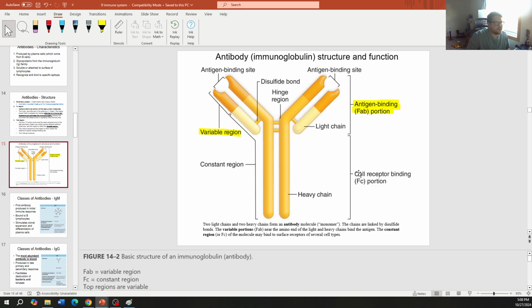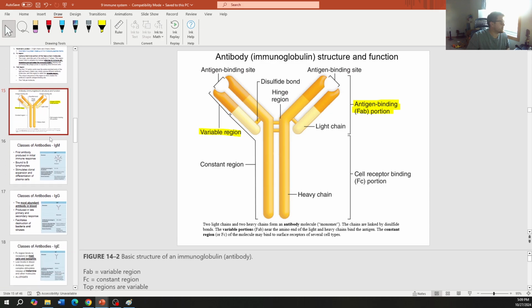And then the heavy chain is the Fc portion, and that's more of the constant region, okay? So we have a light chain and a heavy chain. Both of these are constant, and then we have a small variable region, and this is what makes the antigen binding site specific.